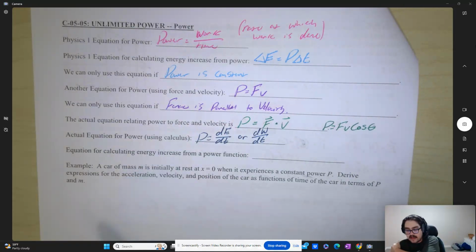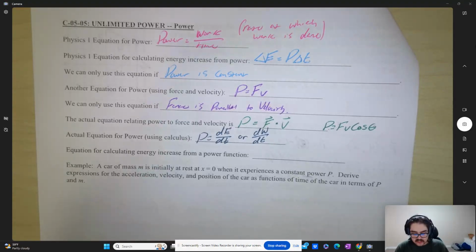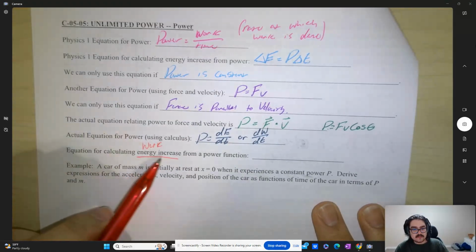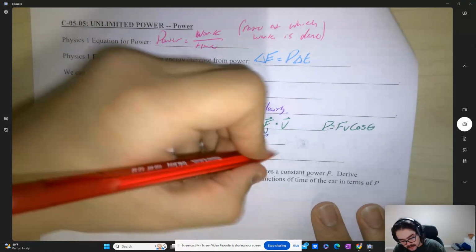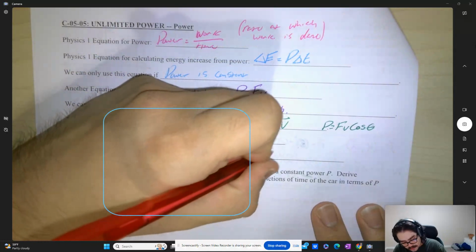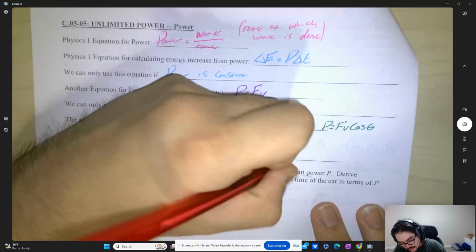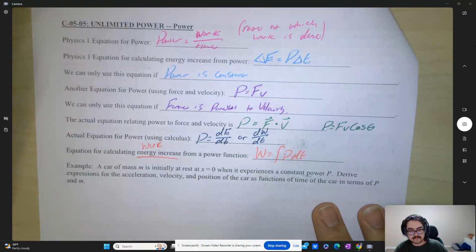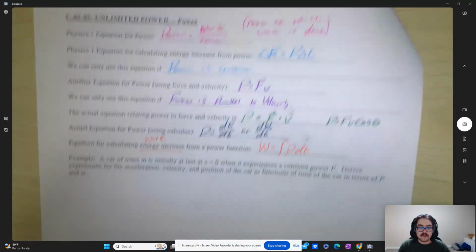Energy increase, hopefully you recognize, is just a fancy way of saying work. So calculating work from a power function, work is simply equal to the integral of power dt, power with respect to time.